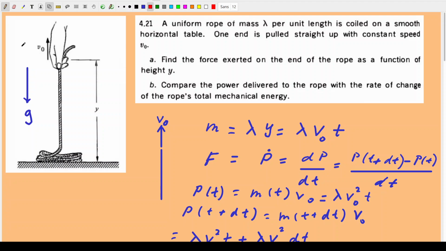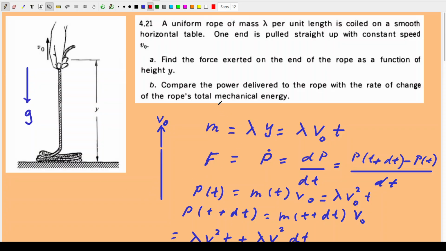There are also gravitational forces acting on the rope. Let's find the force that we have to exert at this point here in order to move at the constant velocity v naught.